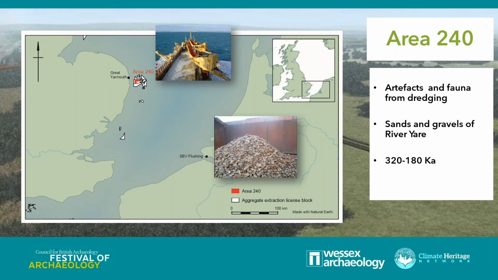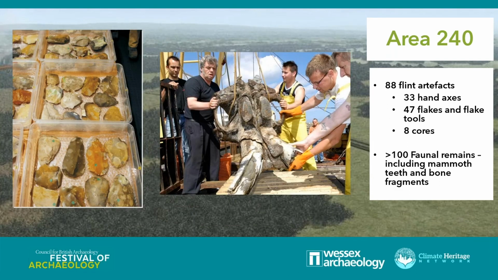The fascinating thing about Area 240 is that, for the first time certainly in the context of Doggerland in the Paleolithic, we've got clear evidence of a site located in what's now the drowned offshore landscape.